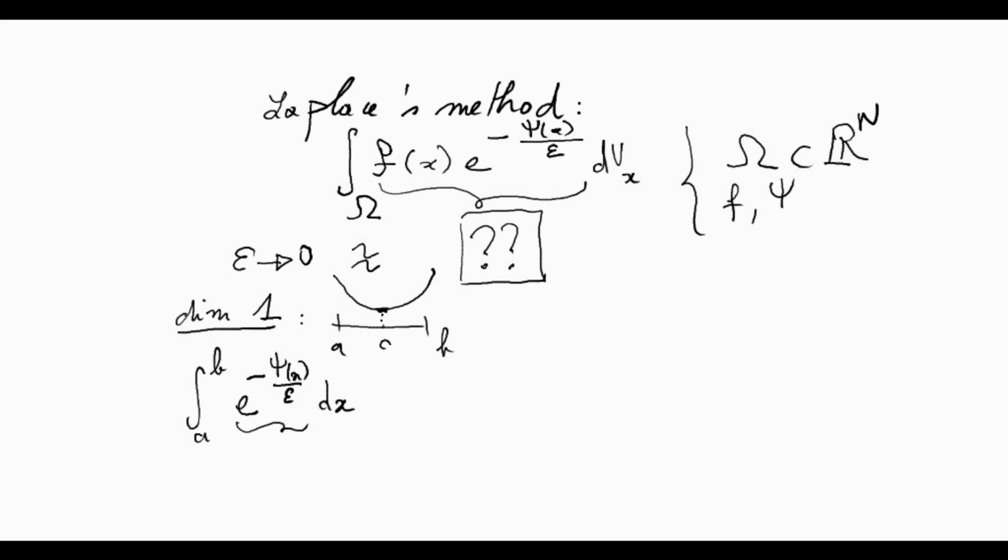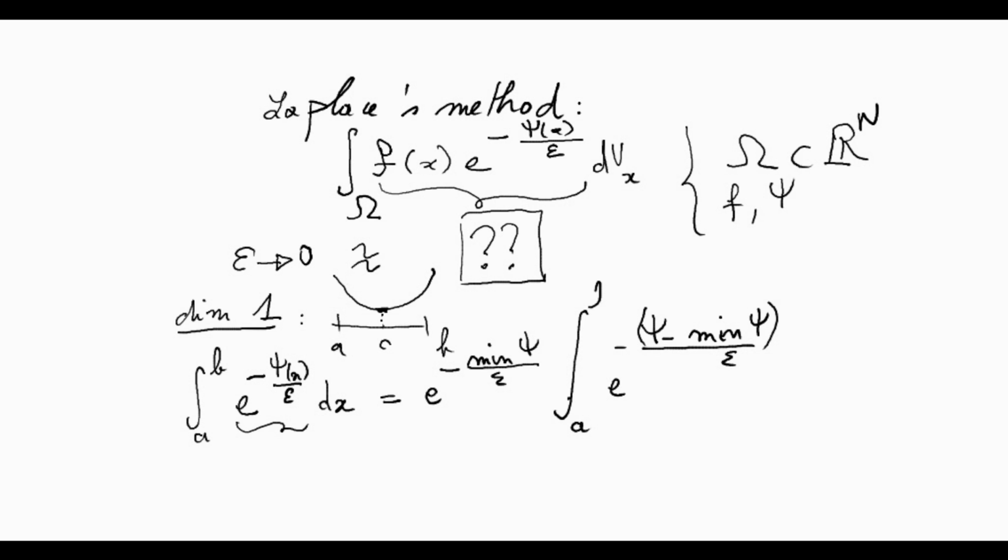So for this, we can always write this as exponential of minus minimum of psi divided by epsilon multiplied by the integral of exponential of minus psi minus the minimum of psi, divided by epsilon. So I have done exactly nothing when I have rewritten this integral, but now we understand what needs to be calculated.